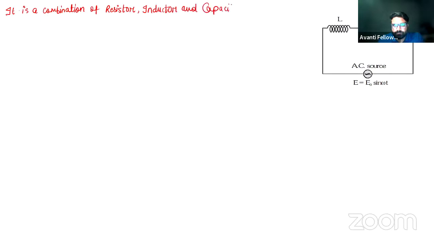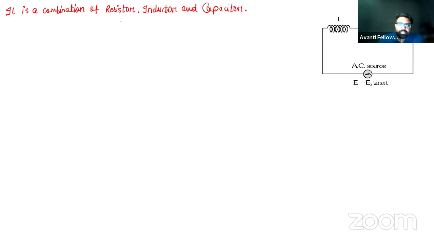Let's now talk about the LCR circuit. So the LCR circuit is nothing but the combination of L, C and R, which is an inductor, capacitor and resistor. Got it?